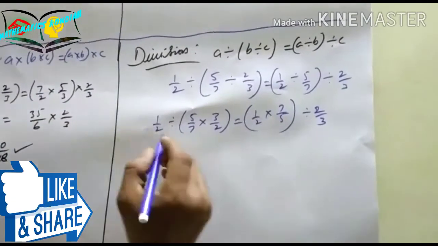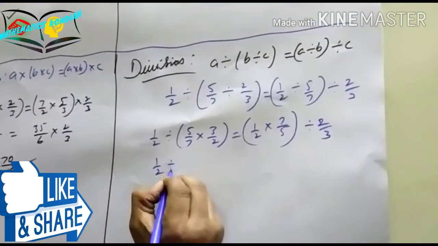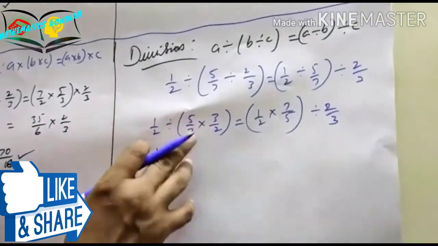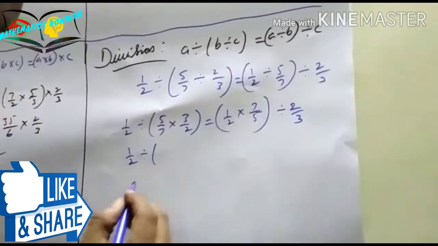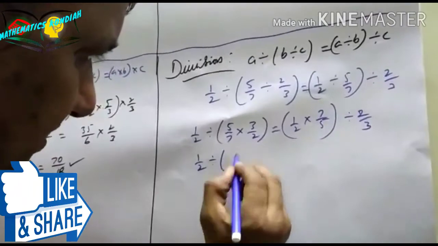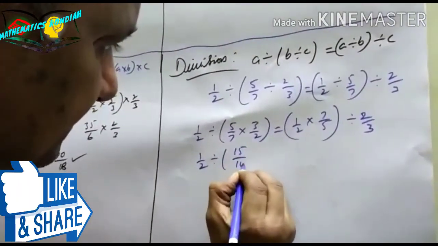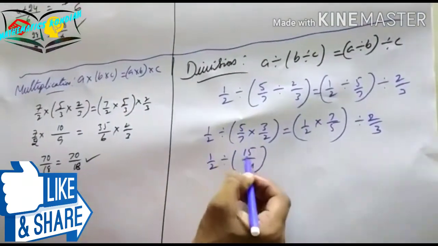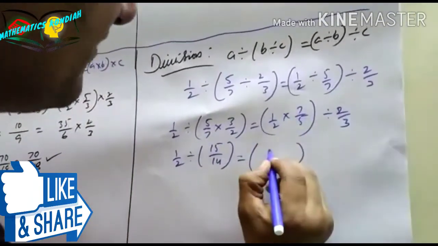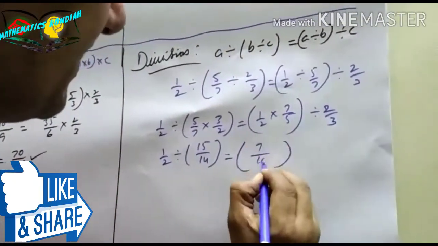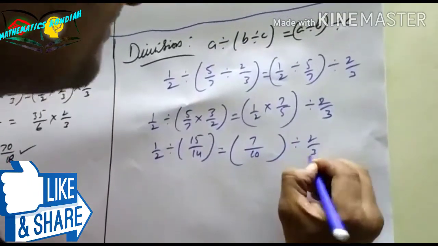Under multiplication of two rational numbers, it is direct multiplication of numerators divided by multiplication of denominators. Therefore, 7 by 10 divided by 2 by 3.